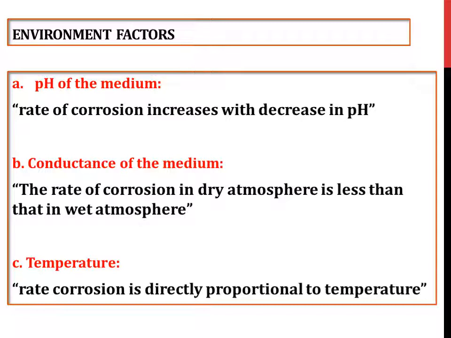So it indirectly influences the effect of conductance also. As the temperature increases, the conductance of the medium increases, so the diffusion rate of the ions or electrons also increases. Hence the progress of the corrosion process will also be faster.